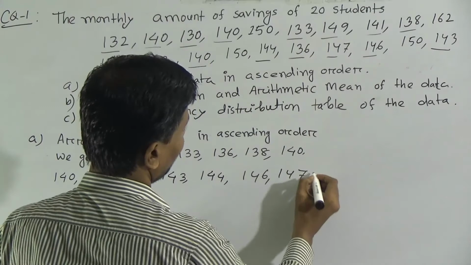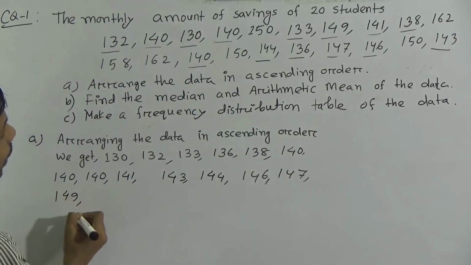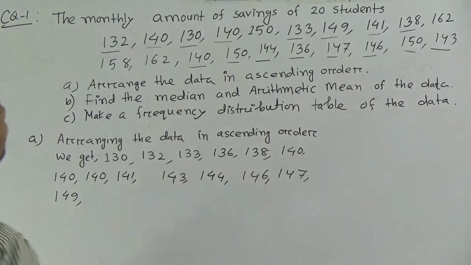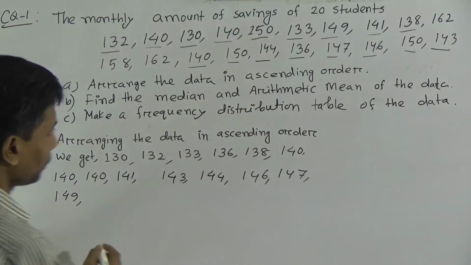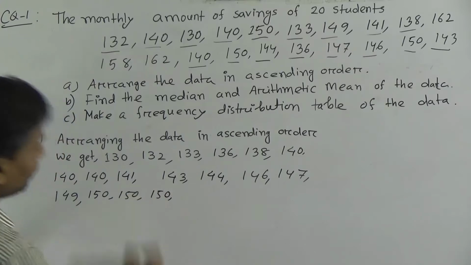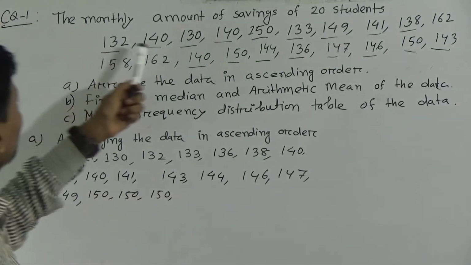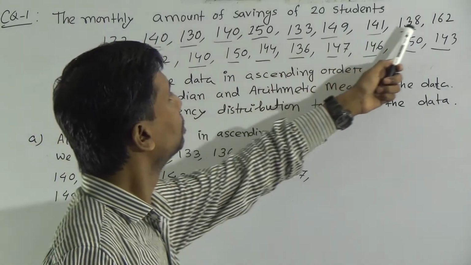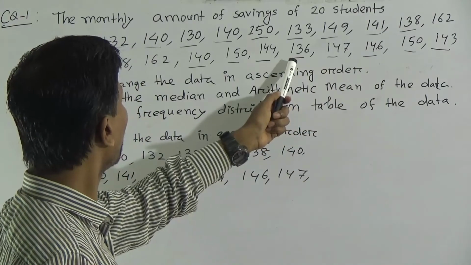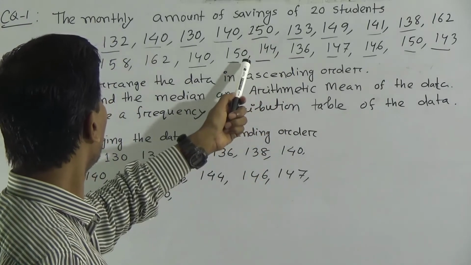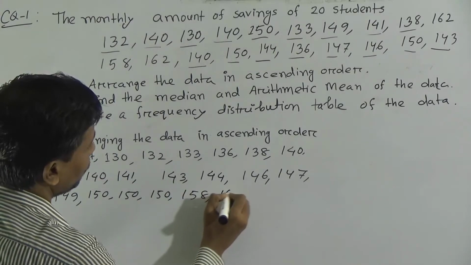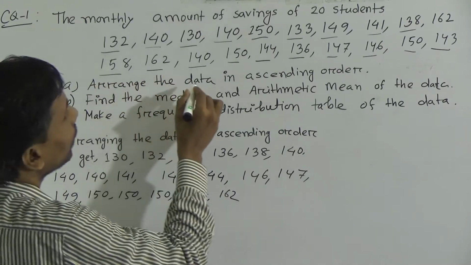Okay, write 141, then 150, 150, 150, then 158, then 162, 162.